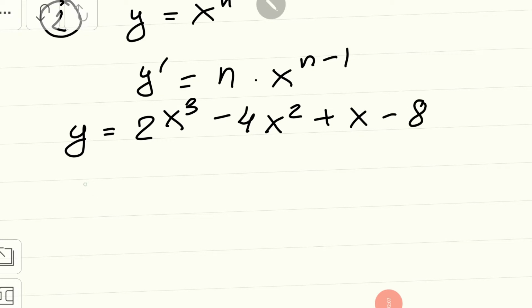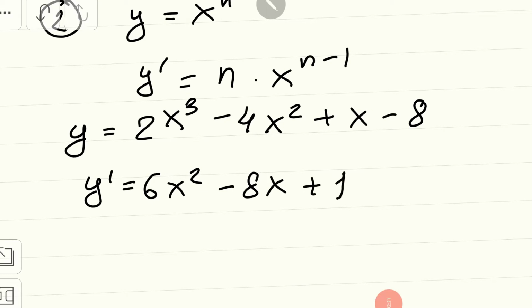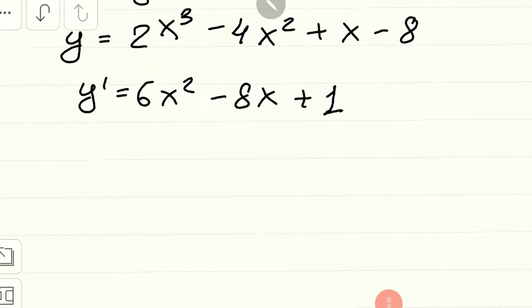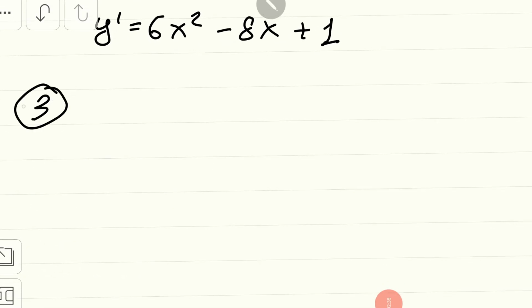So if you've got y equal 2 times x cubed minus 4x squared plus x minus 8, for example, then the derivative y prime will be equal 2 times 3 equals 6, so 6x squared minus 8x plus 1.